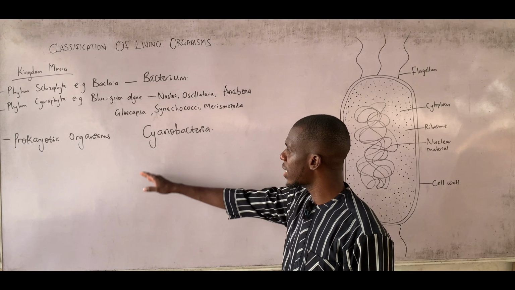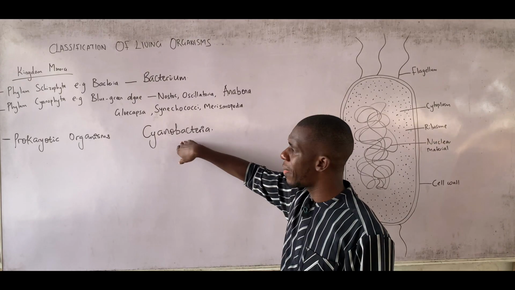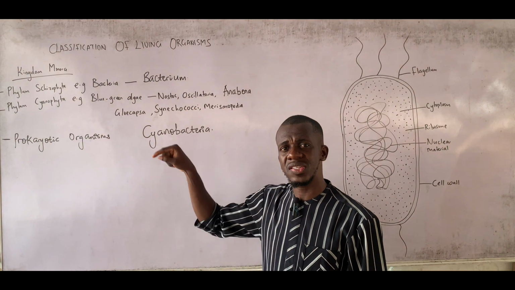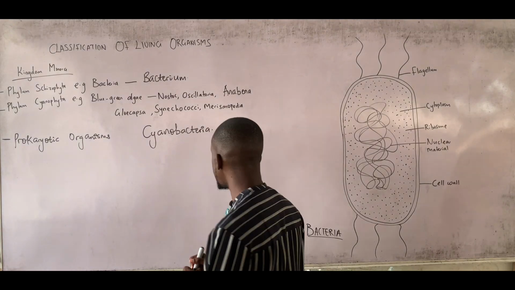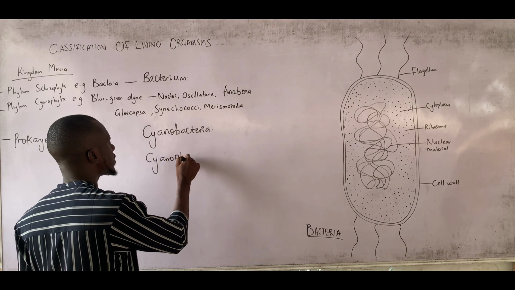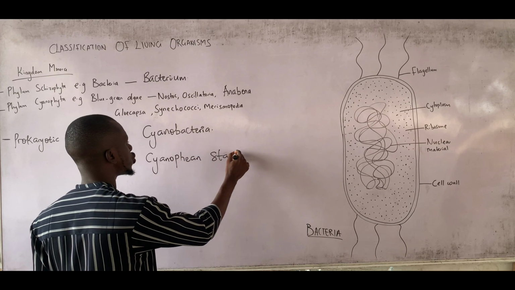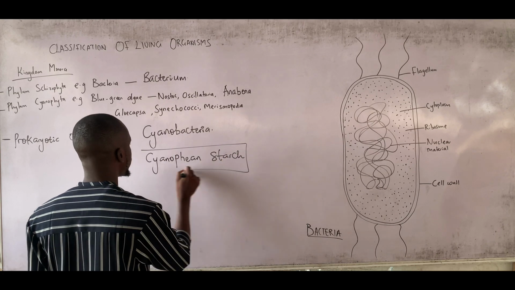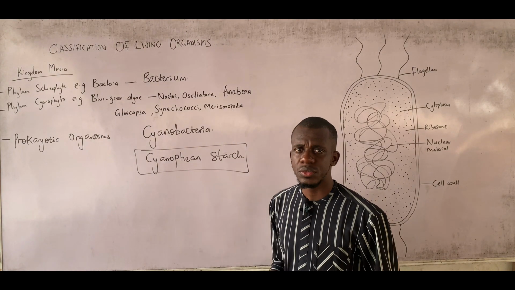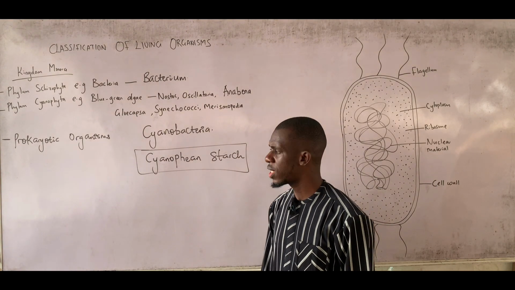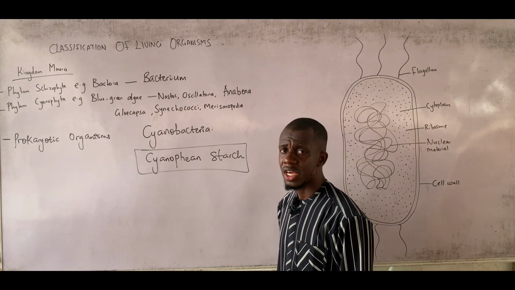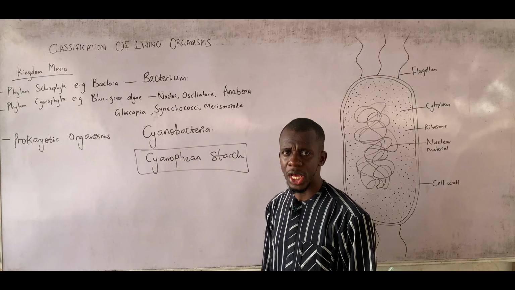So we are saying at this point that the cyanobacteria store their food as glycogen-like starch, and this is known as cyanophycean starch. That is what we call their food. You see that now? Excellent. So that's the basic things you need to know about the Kingdom Monera.